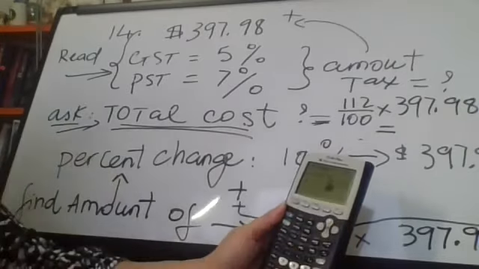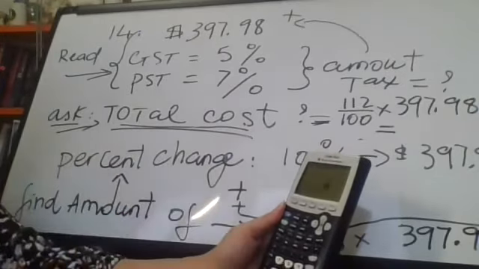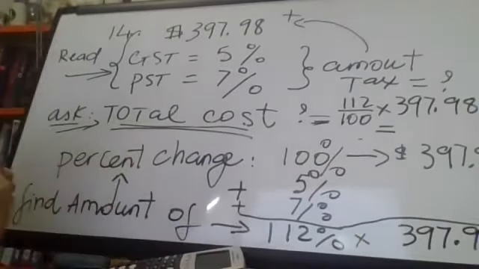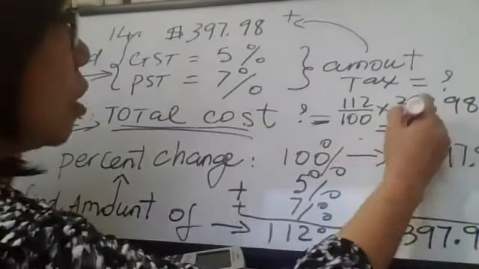You get the direct answer, $445.74, if you round it up.